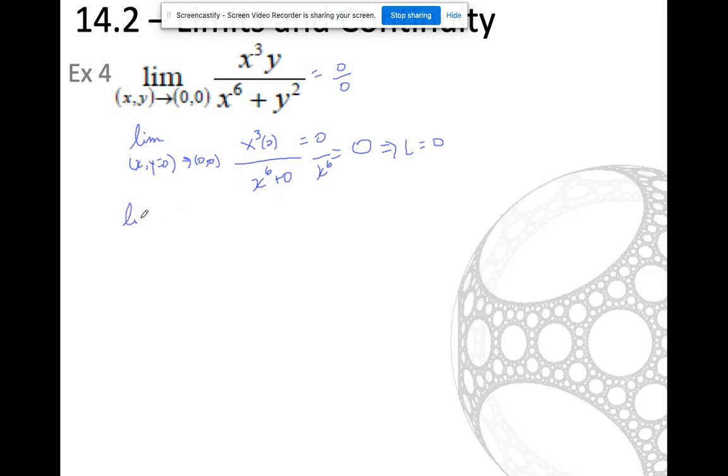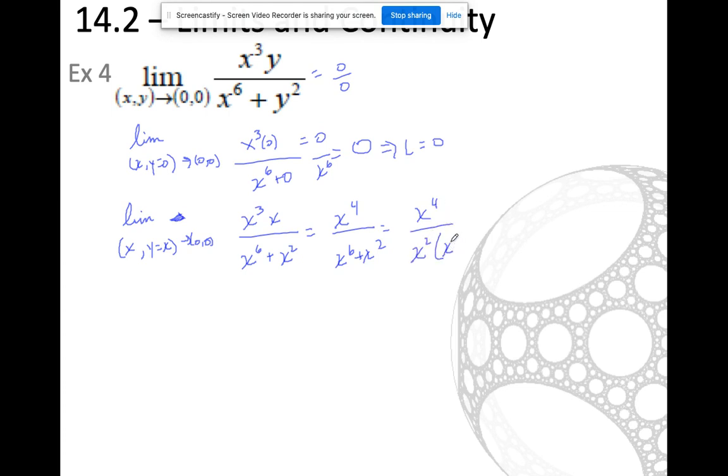So what happens when I try my diagonal? What do I do with that? Well, I can factor an x squared out.